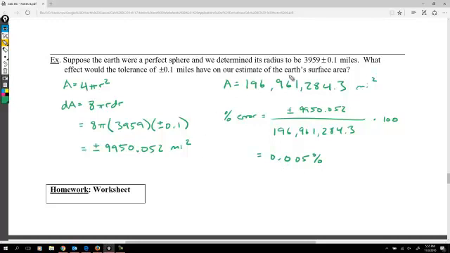So even though I have a potential error of 0.1 miles, that will not affect my estimate of the surface area very much at all. It might be off by a maximum of 0.005%, which is really small, so it's still a really good estimate.